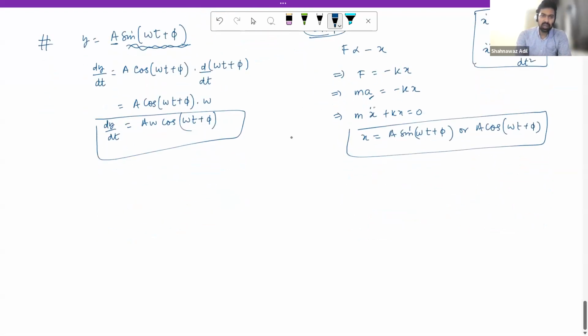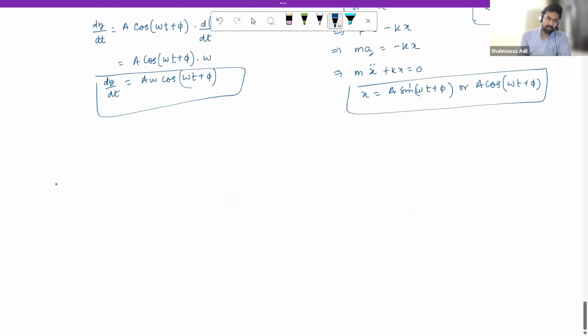Now let's say that we have this kind of question. Let's say y is 4 sine cube of (x square plus 3x).